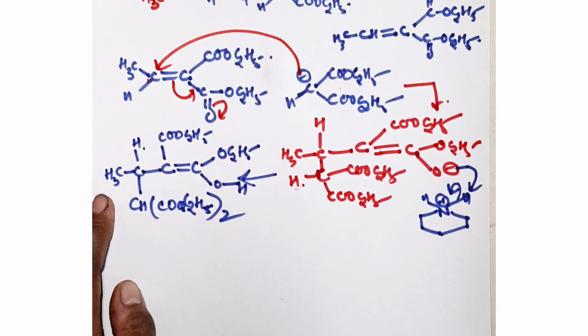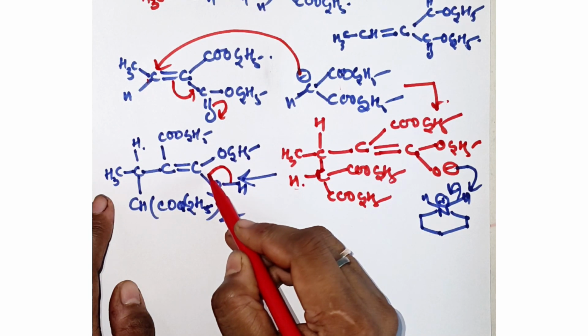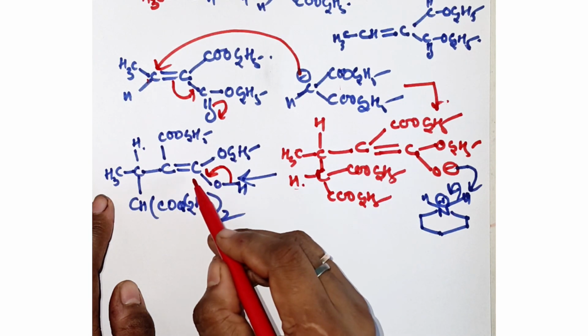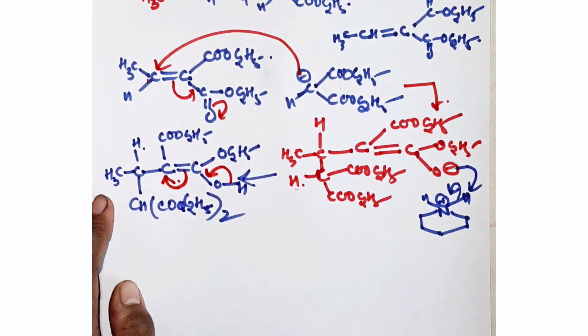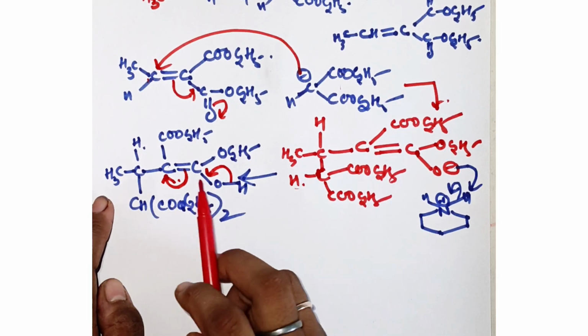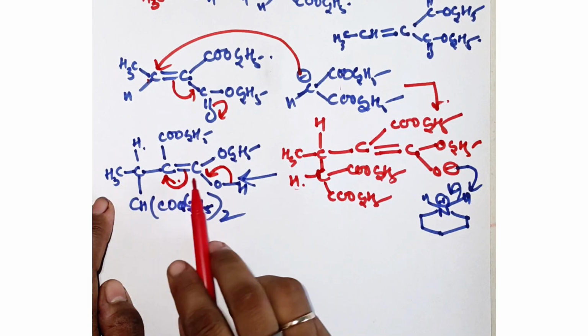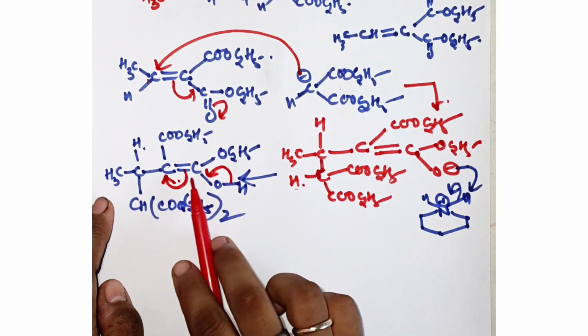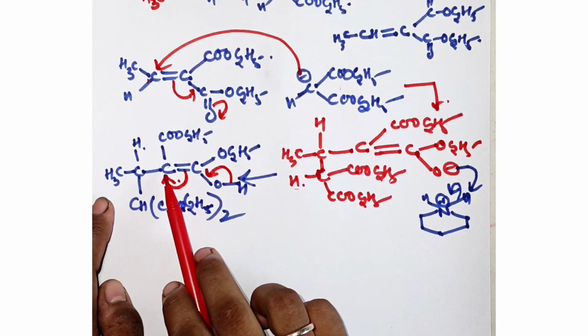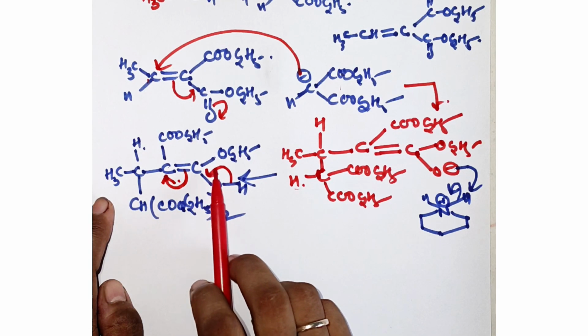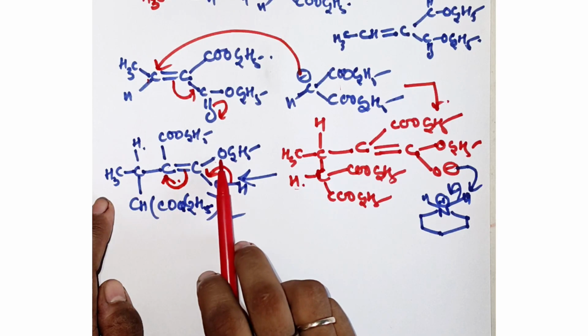The hydrogen is migrating. This is an unstable product, so for stability this hydrogen goes and attaches itself here, again forming back the C=O with OC2H5.